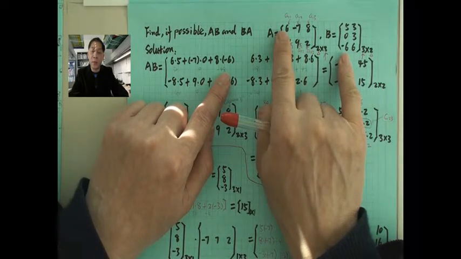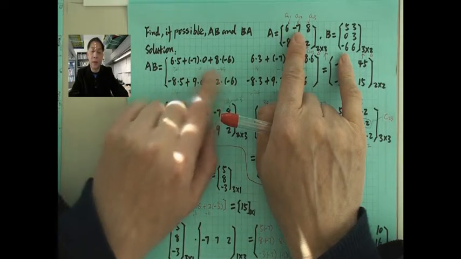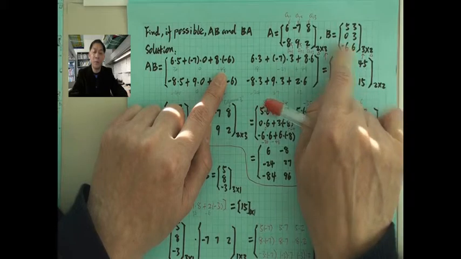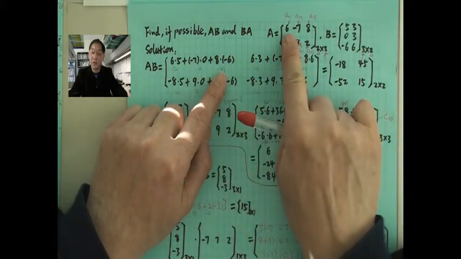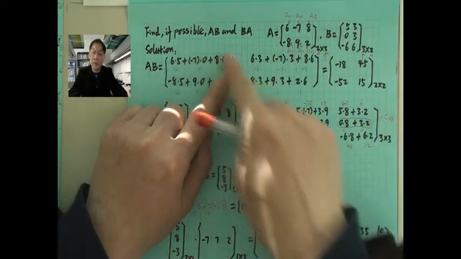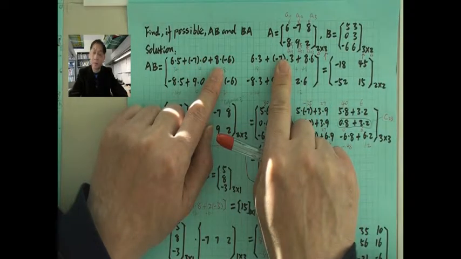And this one you put right here. Now, the first row times the first column, you put right here. The first row times the second column, you want to put in the first row, second column.